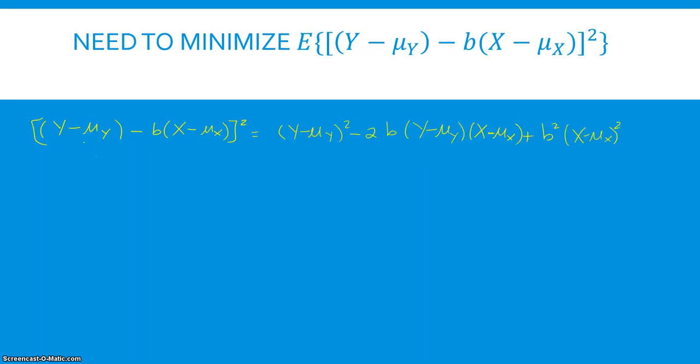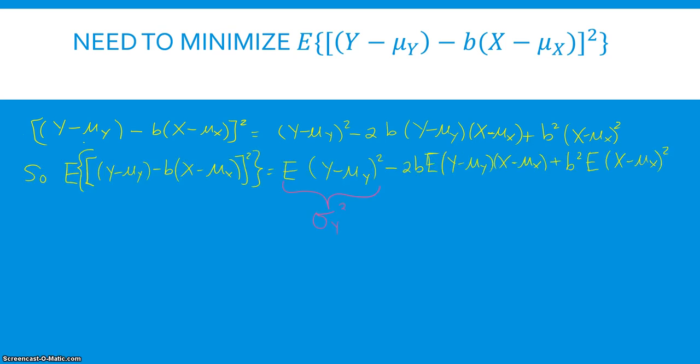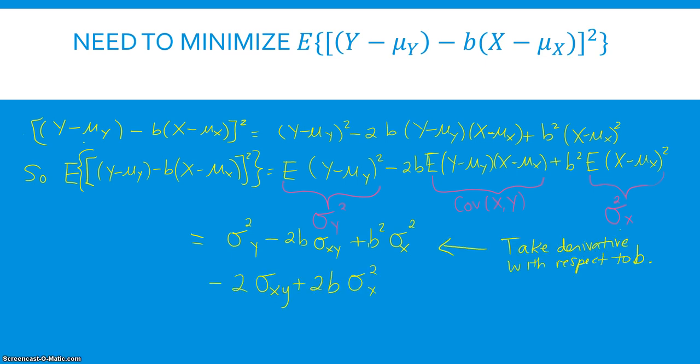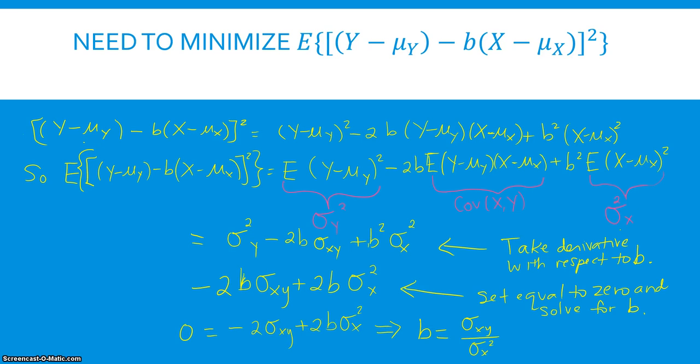With some manipulation, we can show that this quantity is equal to the variance of y minus 2b times the covariance of x and y plus b squared times the variance of x. Then we take the derivative with respect to b, set it equal to 0, and solve for b. We find that the slope is equal to the covariance divided by the variance of x.